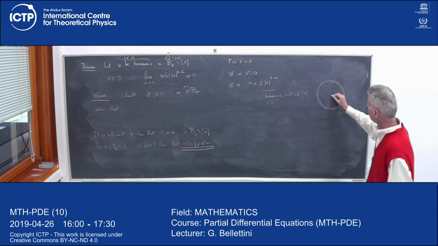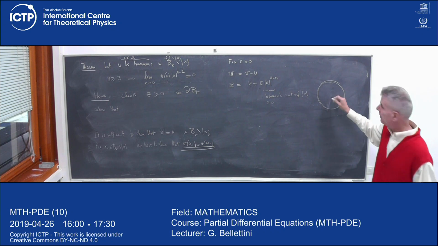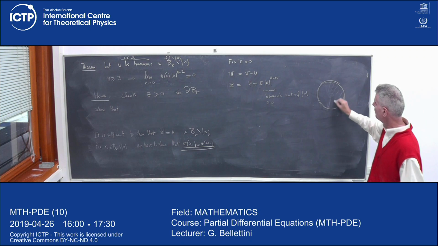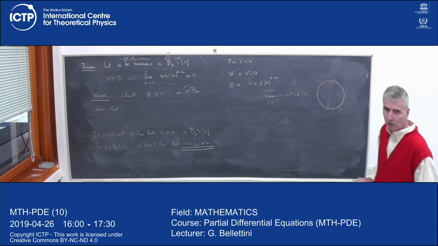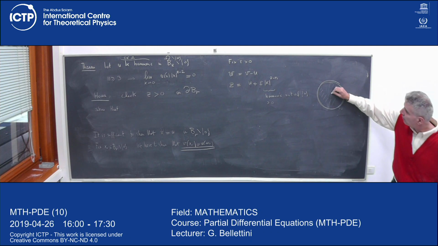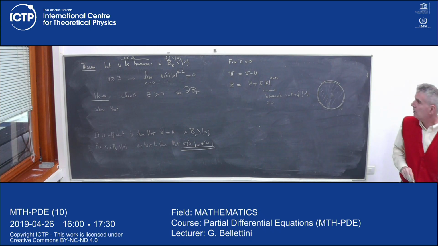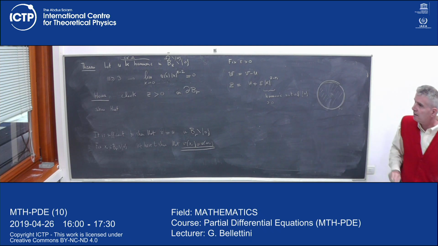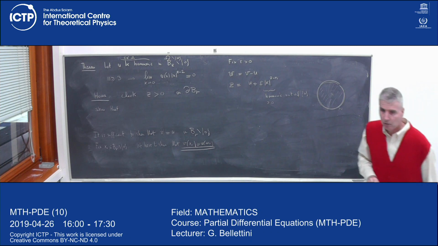Then there is a singularity, that is a problem, but maybe we are able to find an annulus. So we avoid the singularity, an annulus. Let me call this rho, such that also on this boundary here, this function z is larger or equal than 0.